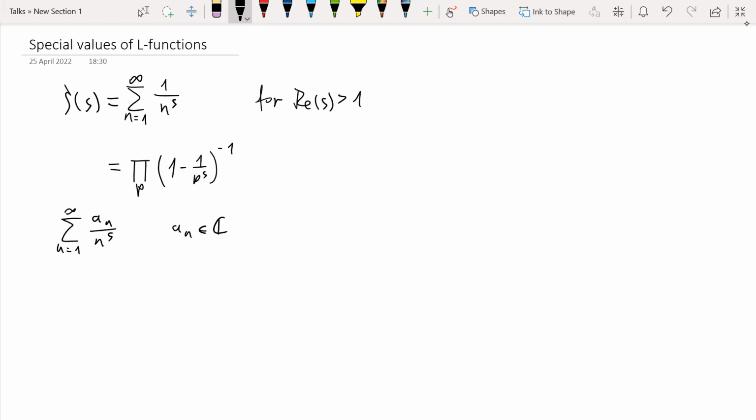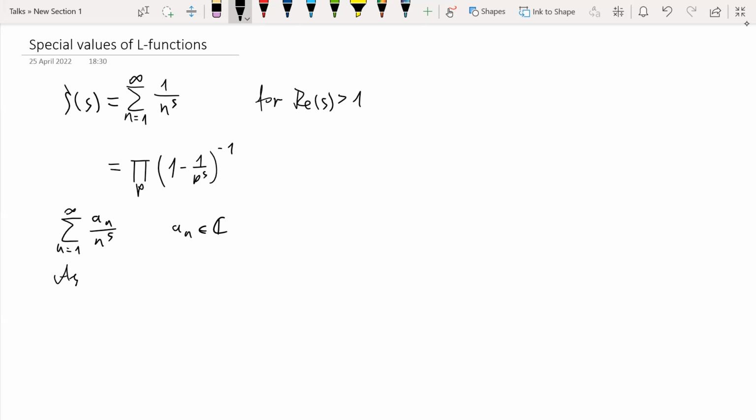And if we want these to be related in the same way to prime numbers like the Riemann zeta function was, we would like this sum to also have some kind of product expansion over primes. Such an expansion is also called an Euler product. This will not always exist. For this to exist, we need to assume that a_n satisfies some extra properties, specifically multiplicativity. And I will assume something stronger, namely we'll be interested in ones which are totally multiplicative.